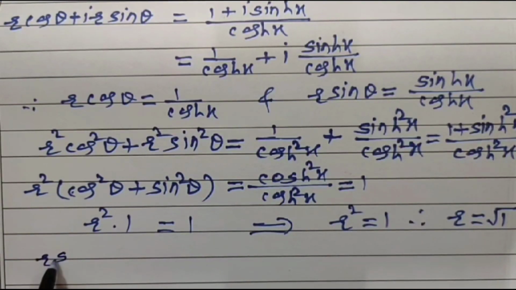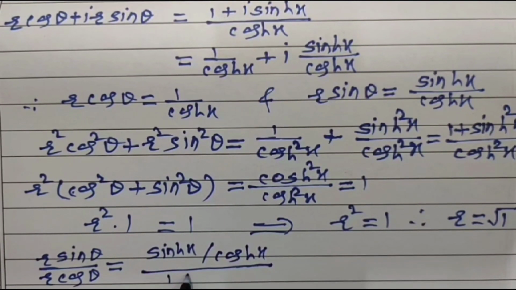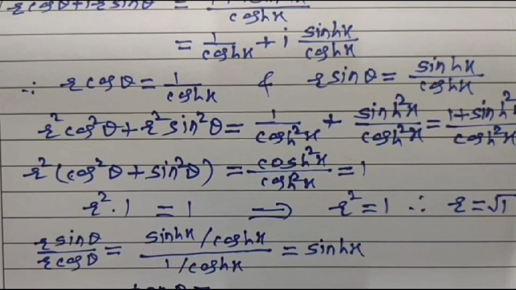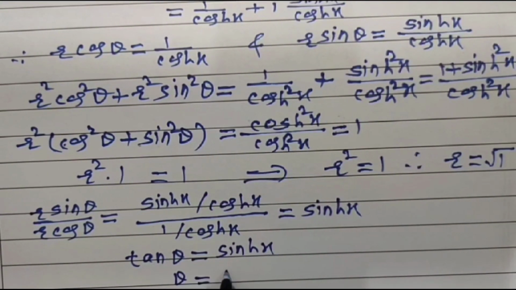Hence r sin theta upon r cos theta is equal to hyperbolic sin x divided by hyperbolic cos x, divided by 1 upon hyperbolic cos x. This is hyperbolic sin x. Tan theta is equal to hyperbolic sin x. Theta is equal to tan inverse hyperbolic sin x.